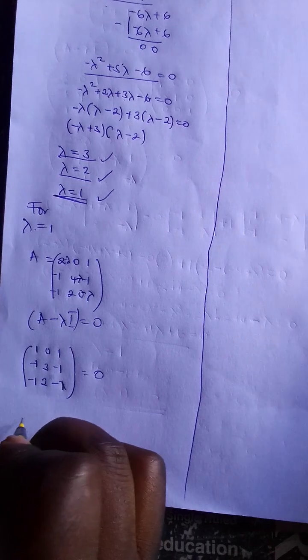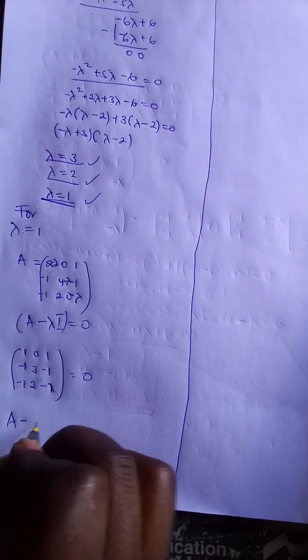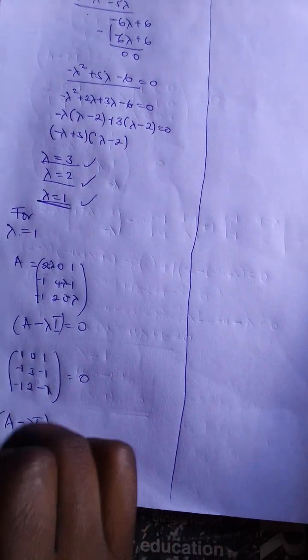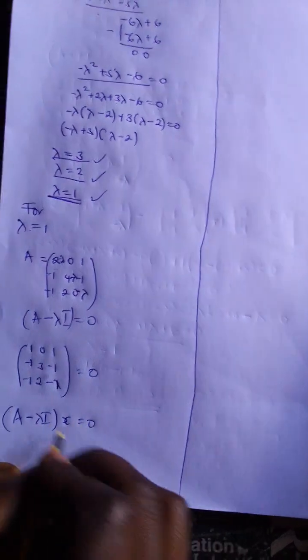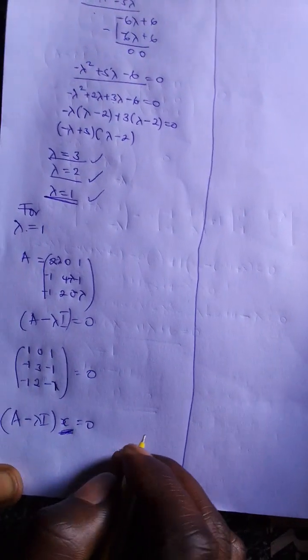So from there, we shall have to know that it is A minus lambda identity into x equaling to 0 when we are looking for the eigenvector, whereby it will be 1, 0, 1, negative 1, 3, negative 1, negative 1, 2, and negative 1.